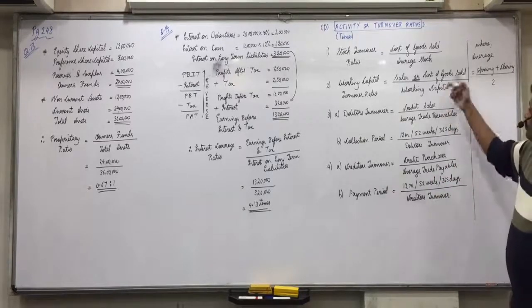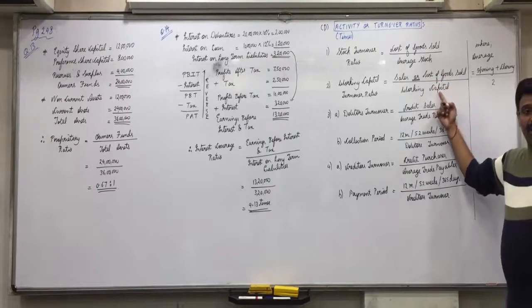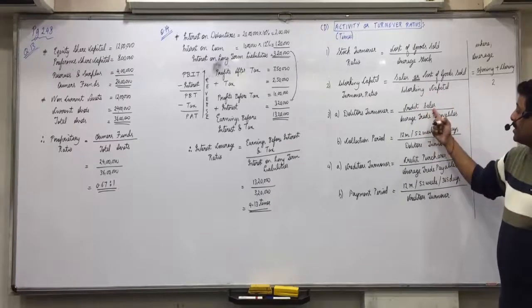Yes. And sales we have seen, cost of goods sold we have seen, working capital formula also we have seen earlier: current assets minus current liabilities. Credit sales.